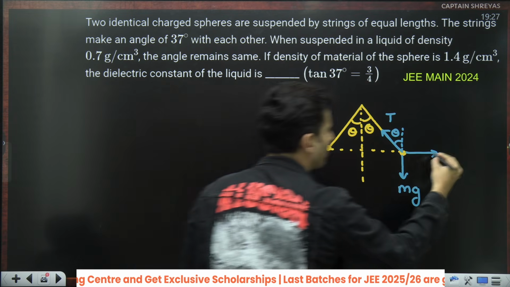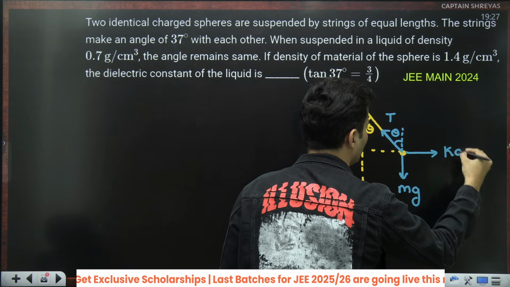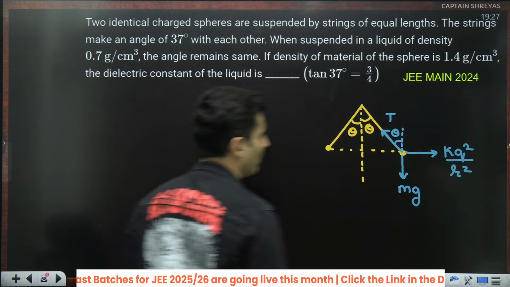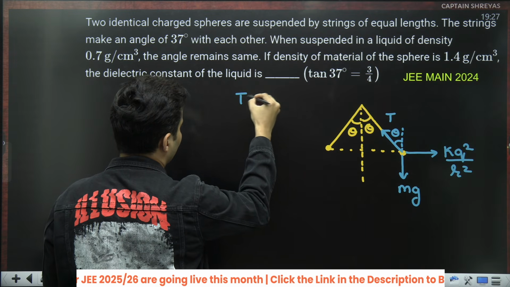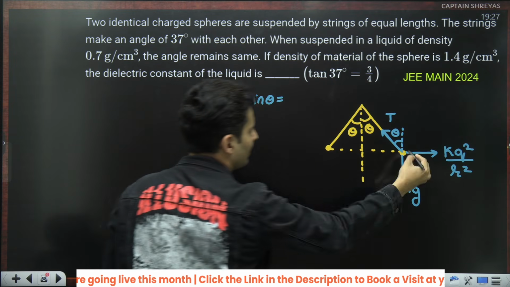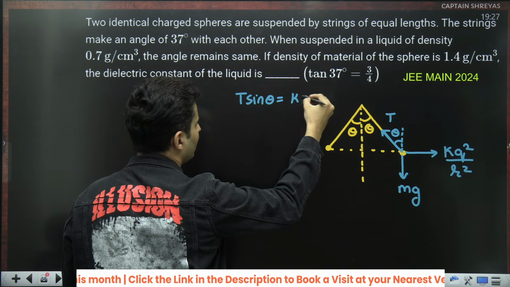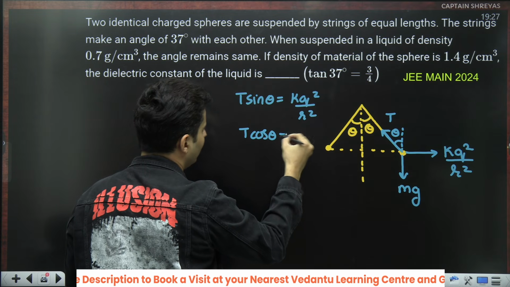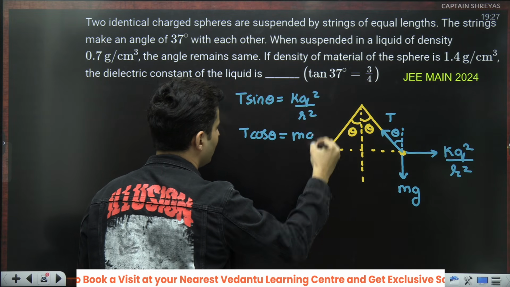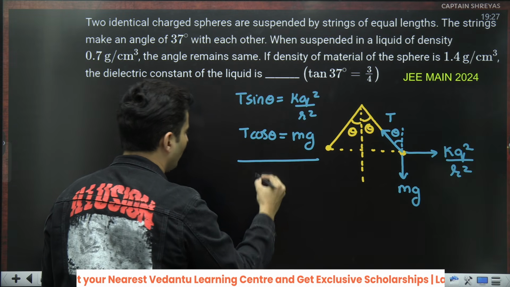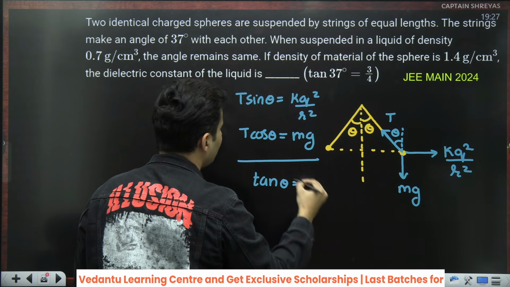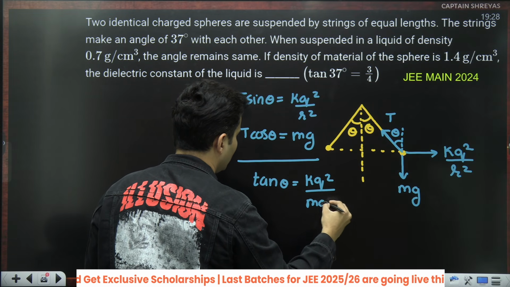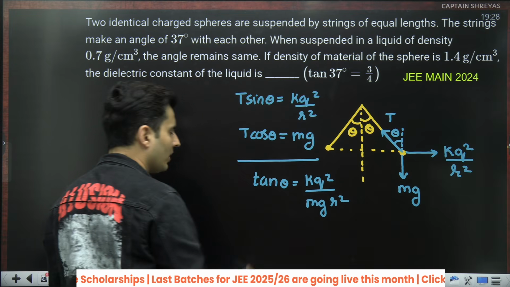So repulsion force will be kqq, which is q square, divided by the distance, which is r square. So the tension's sine theta, which is horizontal, will be balanced by kq square by r square, and the tension's cos theta will be balanced by mg. You divide both of them, what you will get is tan theta is basically kq square by mg r square. That is what you will get.